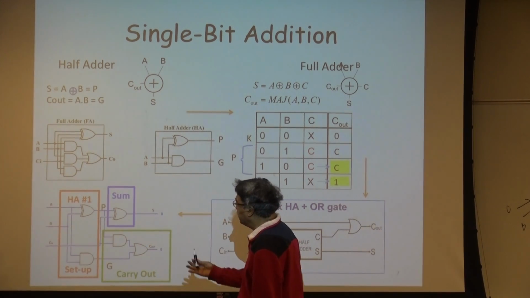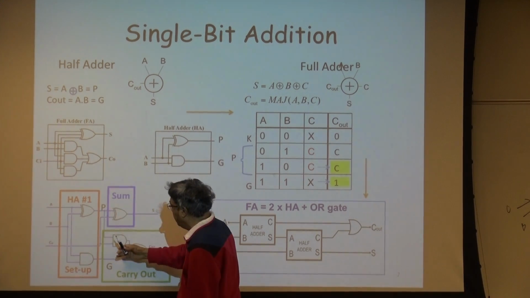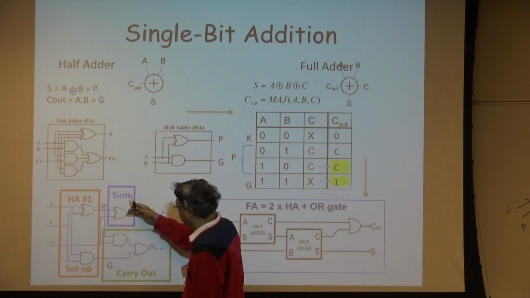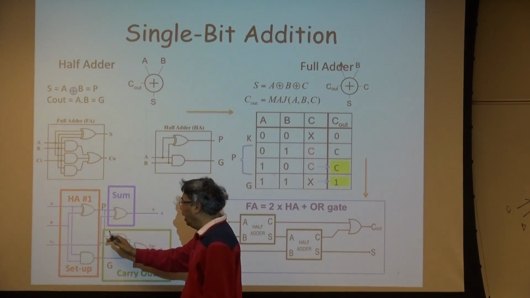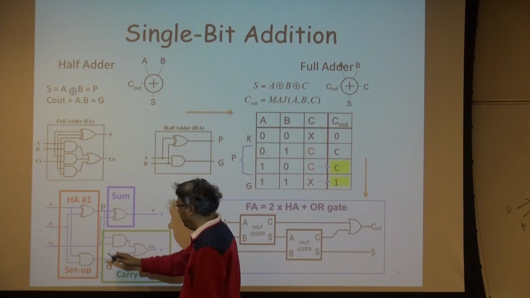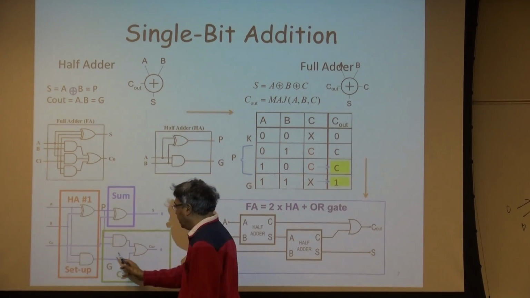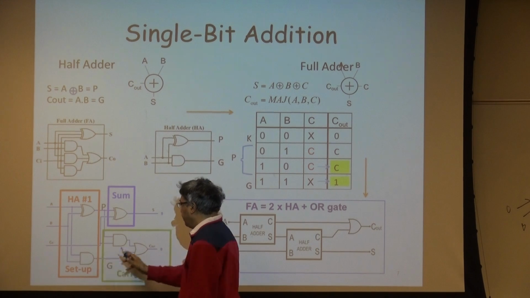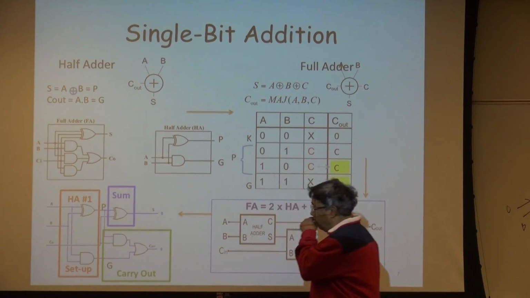And then the second half adder, I'll be splitting between this and this. The sum goes this way, and the AND gate of the half adder, I put it in the carry path, and then I add this output of AND gate and this output of AND gate with a 2-input OR gate.